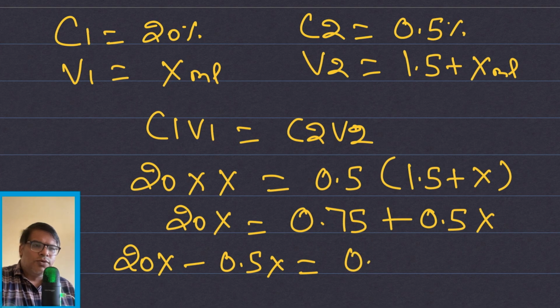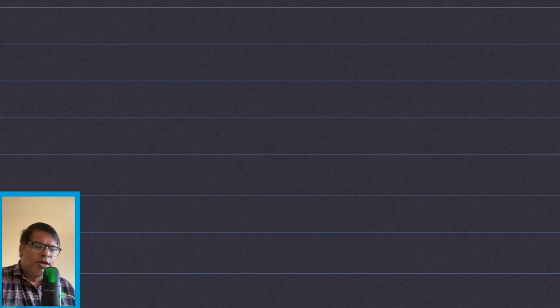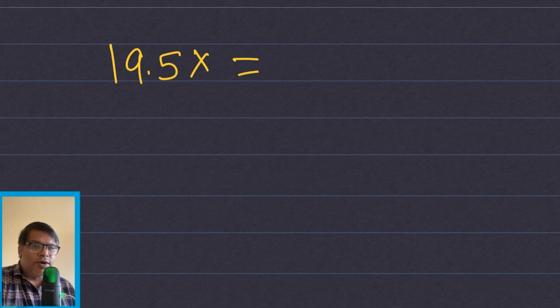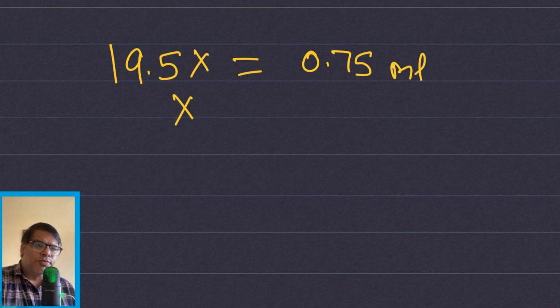Hopefully it is clear. Now 19.5X is equal to 0.75, so X will come out as 0.75 divided by 19.5.